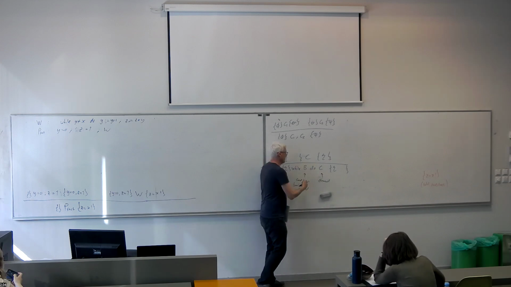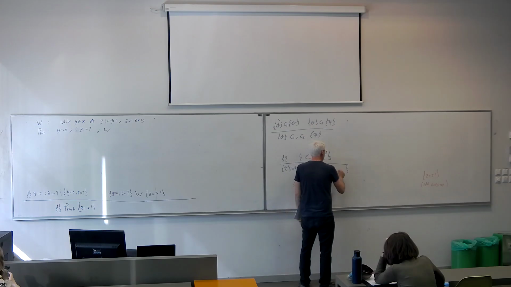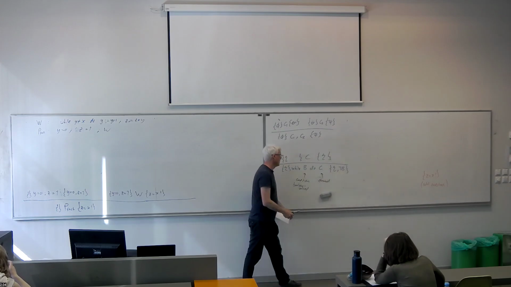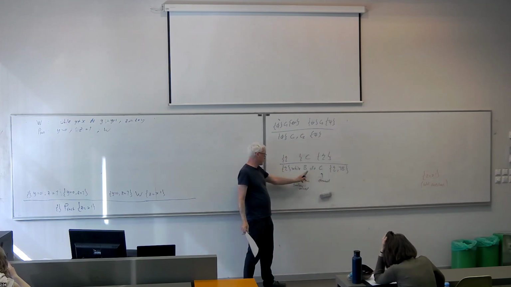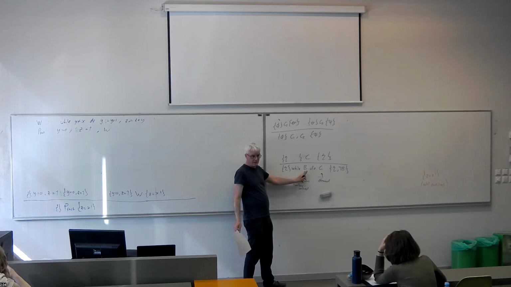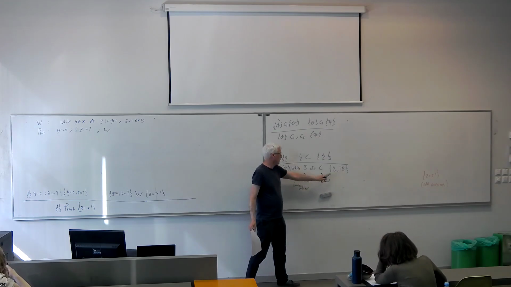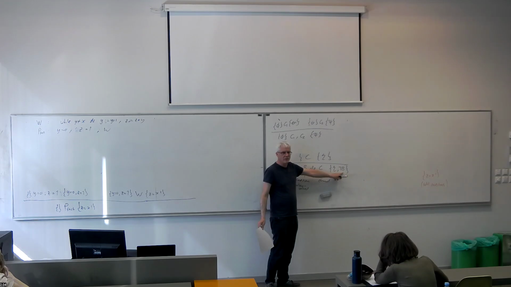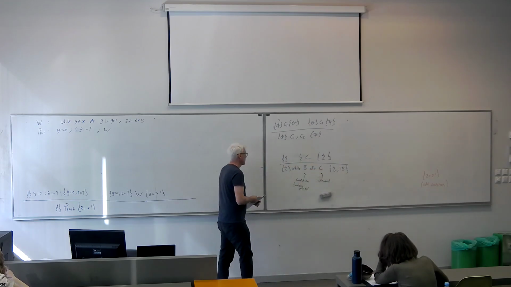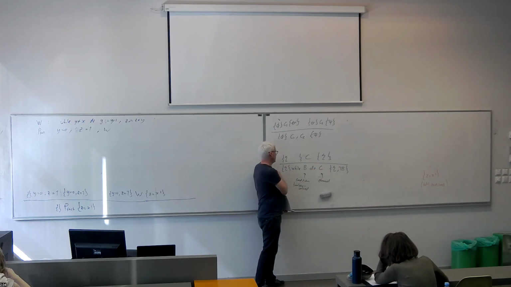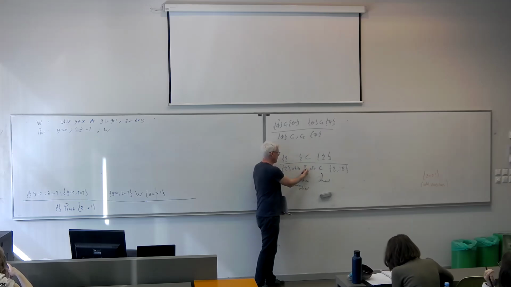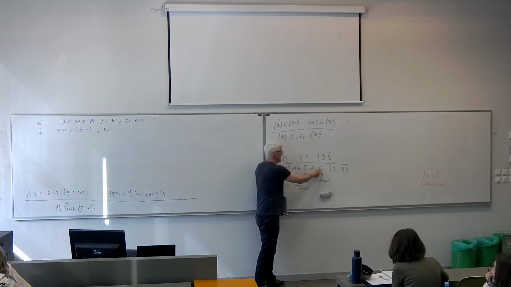But when we execute the while loop, we also know something more. Again, I'm going to use comma for and. We also have that we exit the while loop because the B condition is false, so we also have not B. Moreover, we only actually execute C in the case that B is true: we test to see if B is true, and if so, we do C, and then we test again.